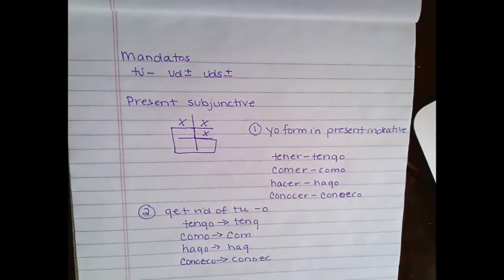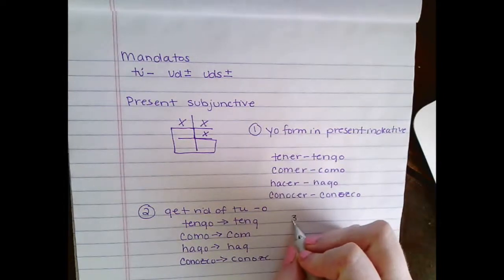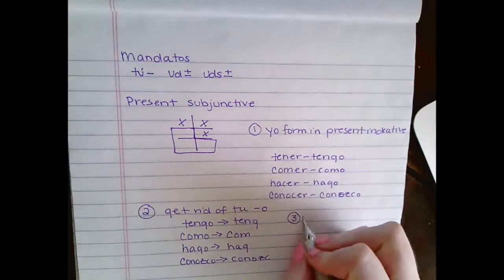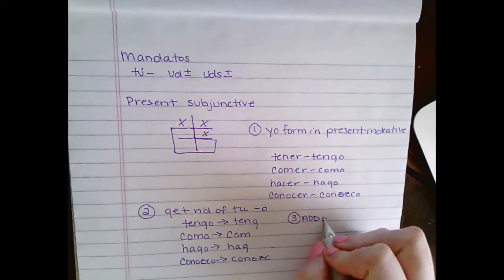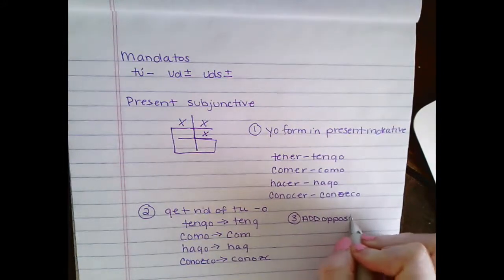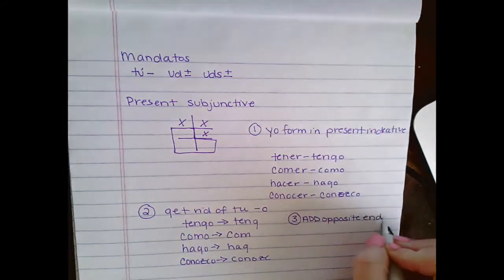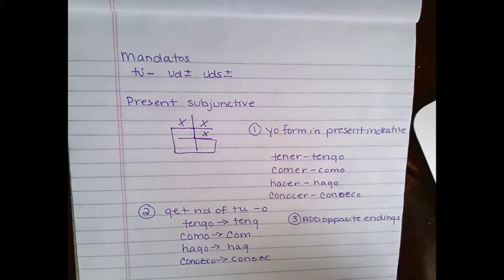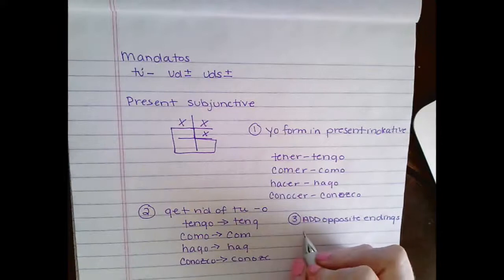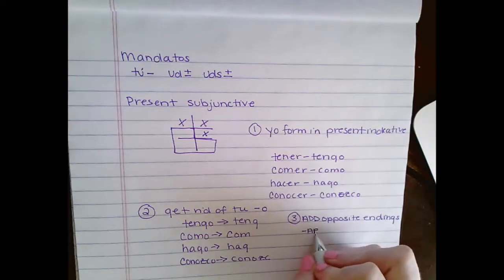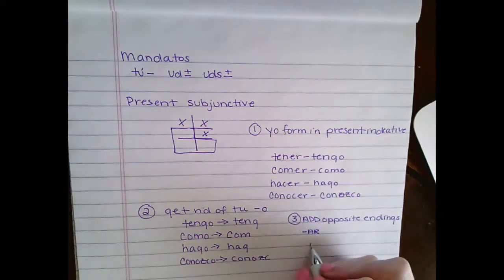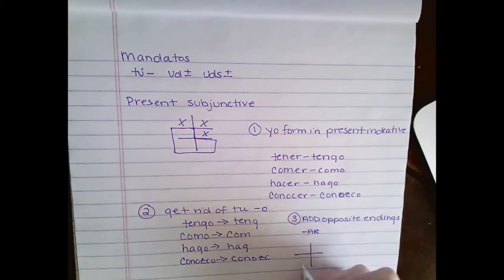After we get rid of the o, our third step is to add opposite endings. When I talk about opposite endings, I'm referring to the endings that are used in the present indicative. The present indicative AR endings are normally as, a, and an.